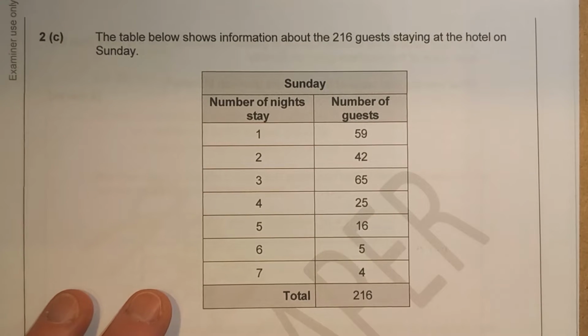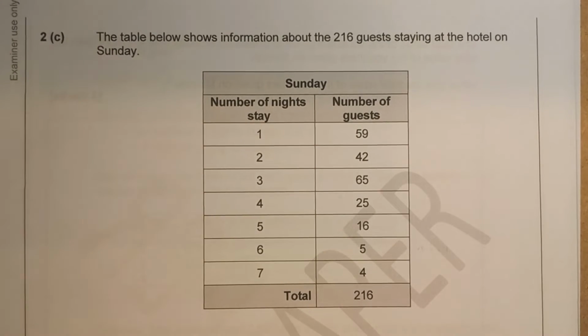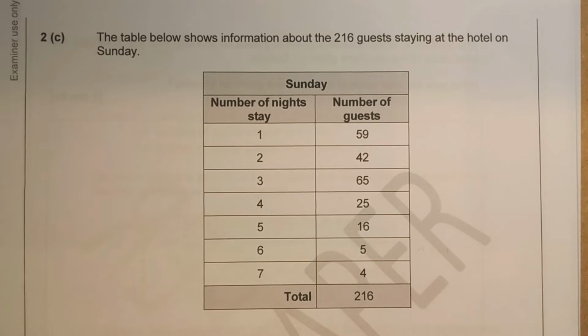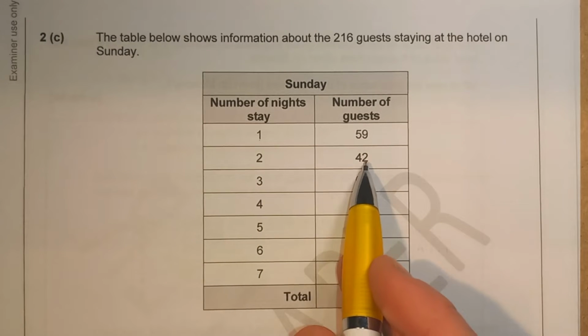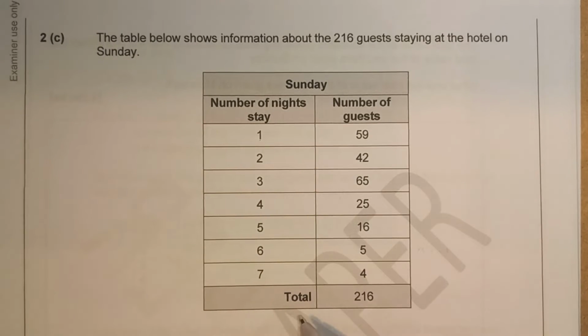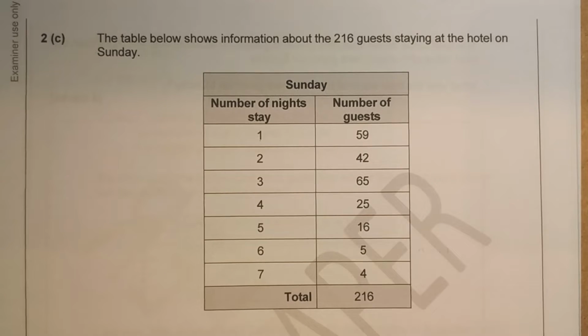(2c). The table below shows information about the 216 guests staying at the hotel on Sunday. So there were 59 guests that stayed for 1 night, 42 guests that stayed for 2 nights, and so on, and a total of 216 guests.